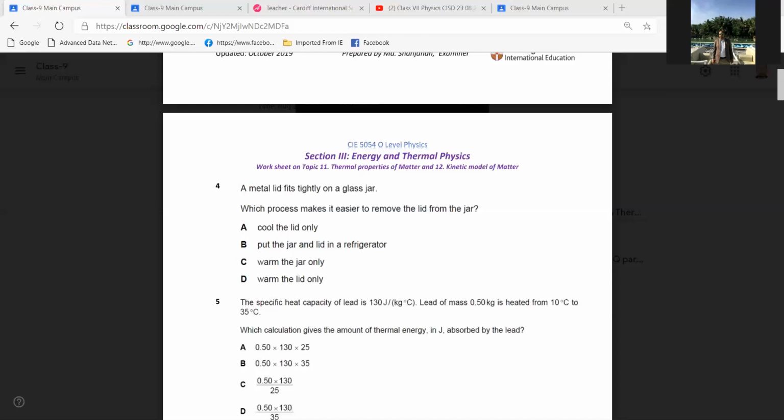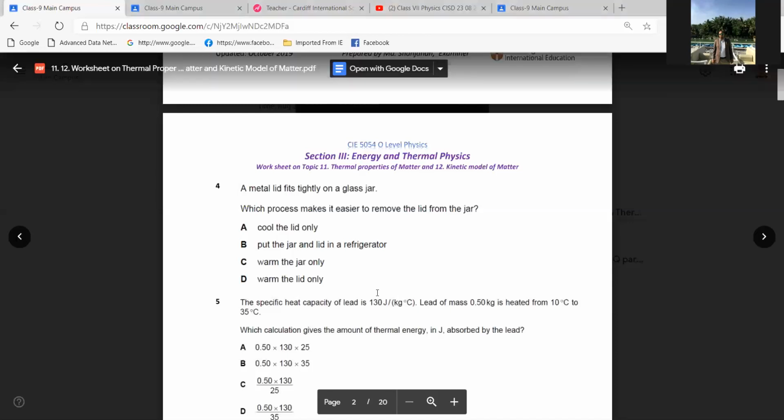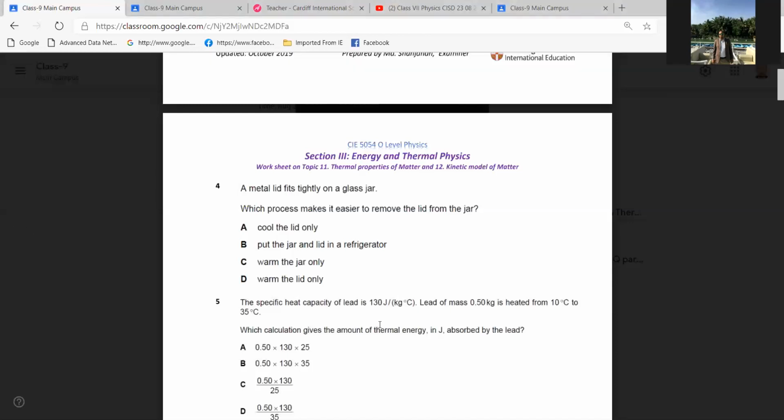Sir, can you give me the formula for a while? I just need to check. So it is small c equals q by m del theta. Yeah, it is.